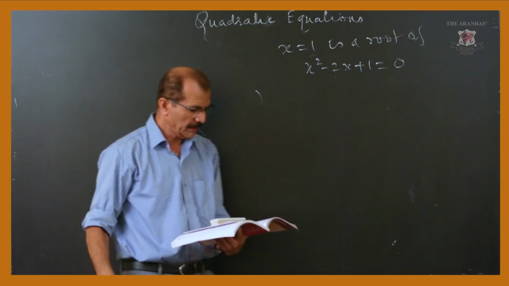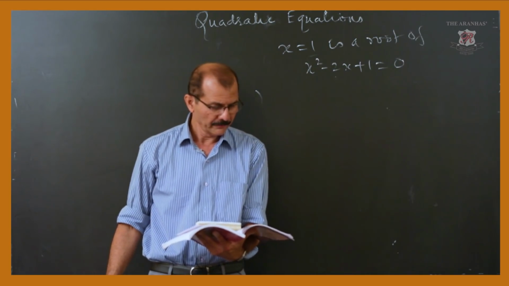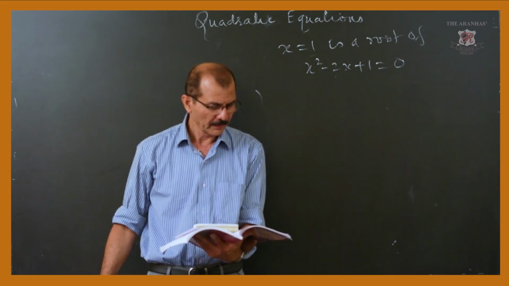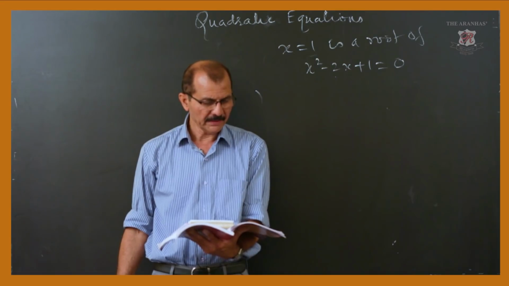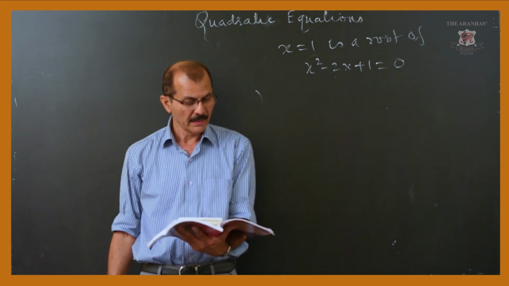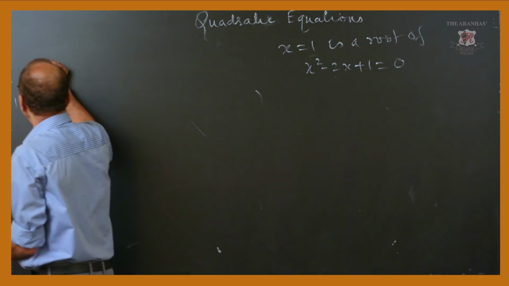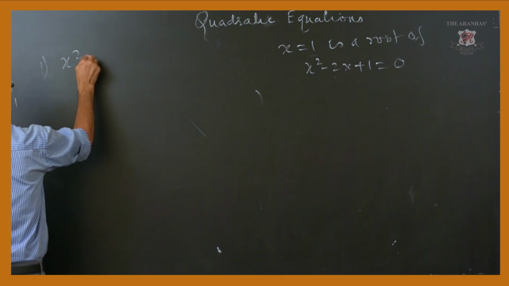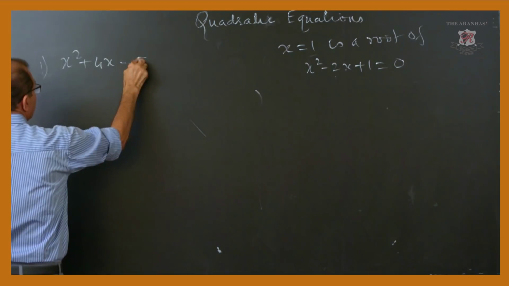It is on page number 34, practice set 2.1. See question number 4. Determine whether the values given against each of the quadratic equations are the roots of the equation. First one is given to you, x square plus 4x minus 5.